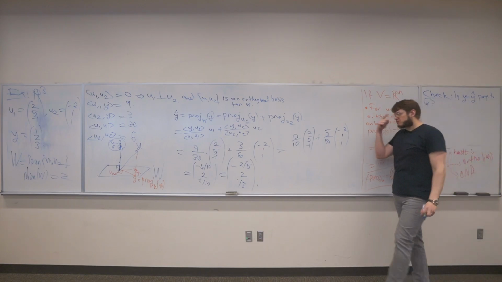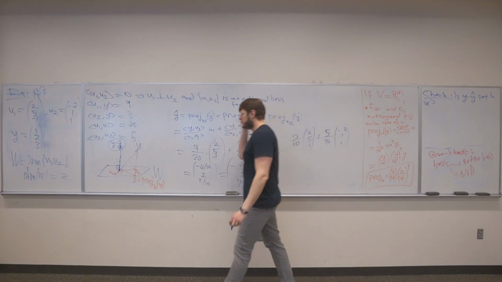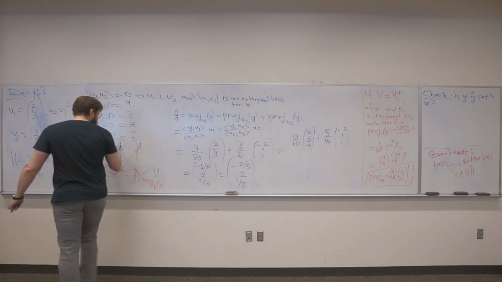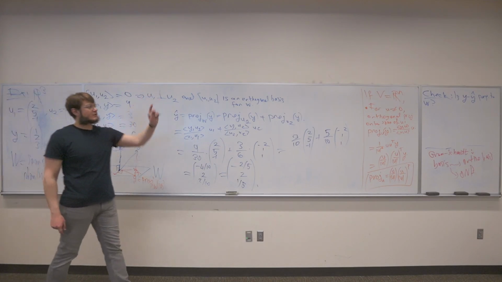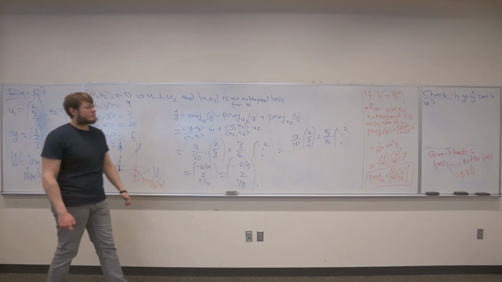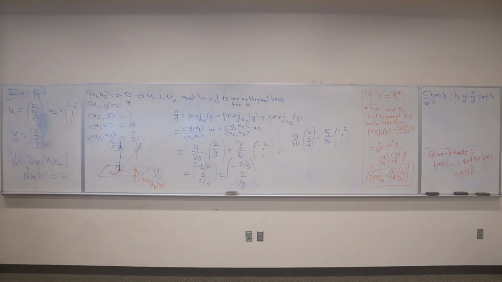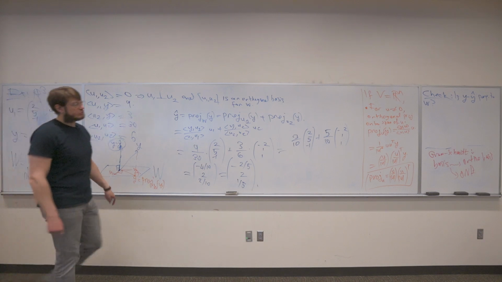Your calculations are correct if and only if this is indeed in w perp. To check this, instead of dotting that discrepancy vector, y minus y hat, against an arbitrary vector in w, you can check it against u1 and u2 separately.